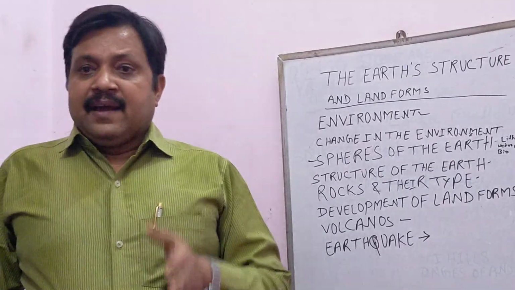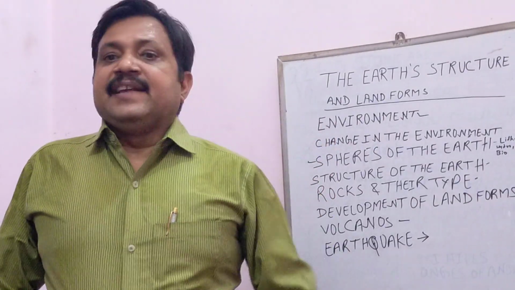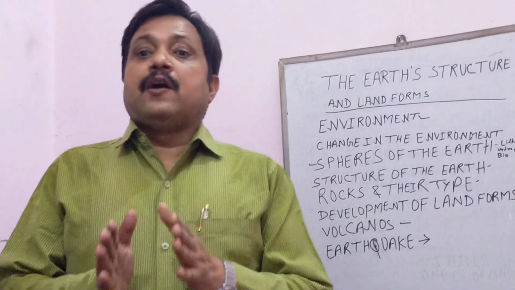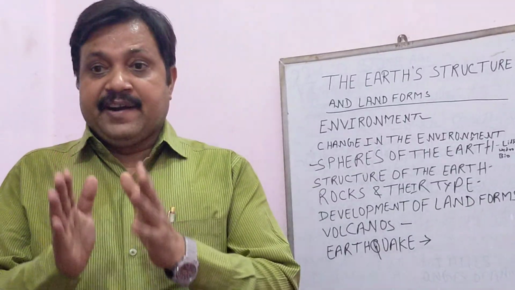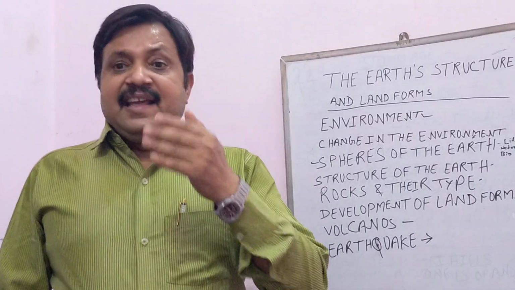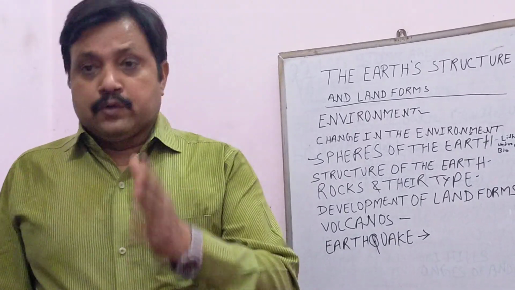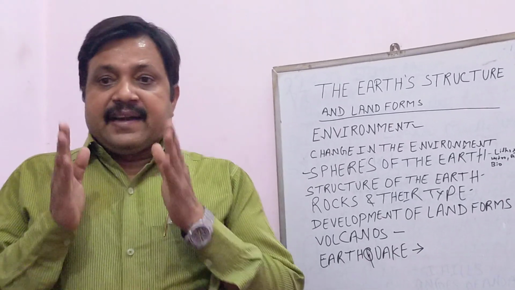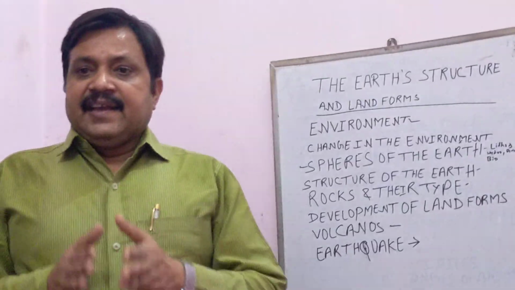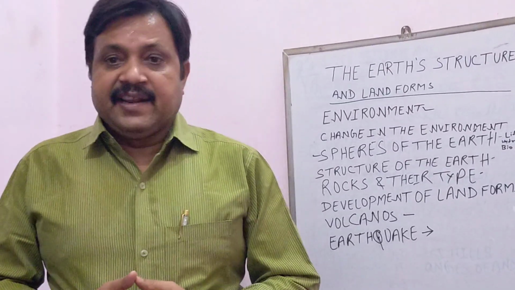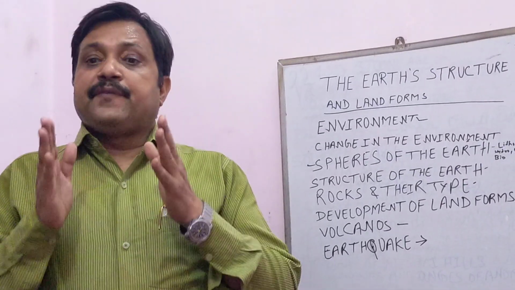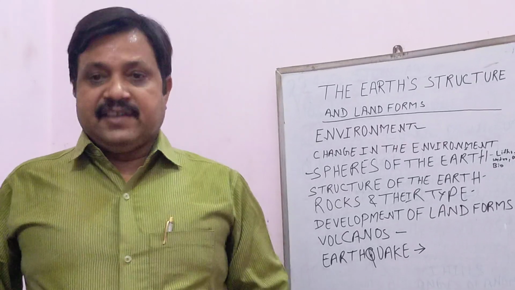Now the third or the innermost layer is called the core. It has a thickness of about 3500 kilometers. This layer too is divided into two layers, the outer core and the inner core. The temperature of the outer core is 2200 degrees Celsius and the temperature of the inner core is 5000 degrees Celsius.